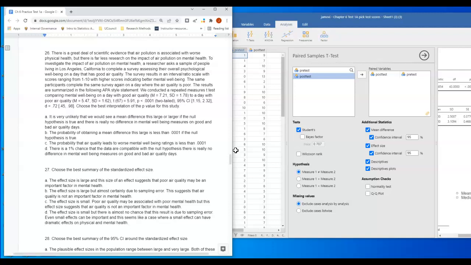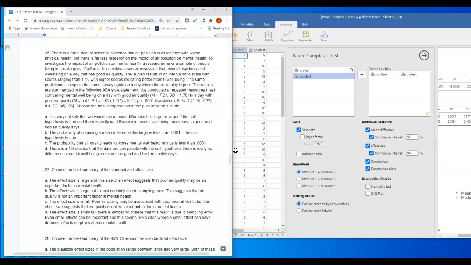All right, so you have all those numbers, and the first one is choosing the best interpretation of the p-value. So our p is less than 0.0001, which is a very low p-value. Right? So what that means is that the probability of getting a t of 5.91 or greater, or a t of negative 5.91 or lower, is very small, less than 0.0001.